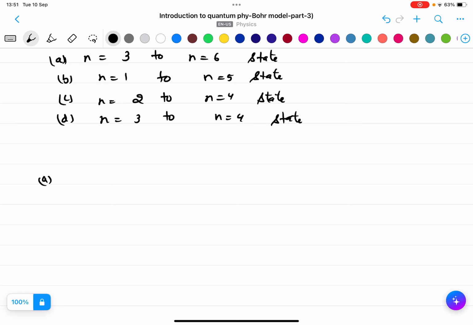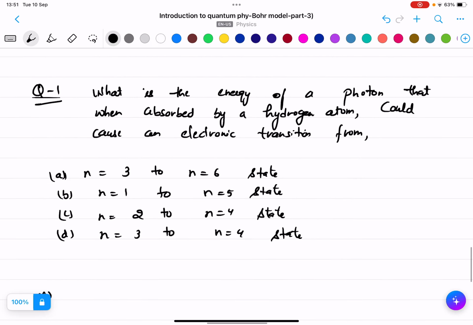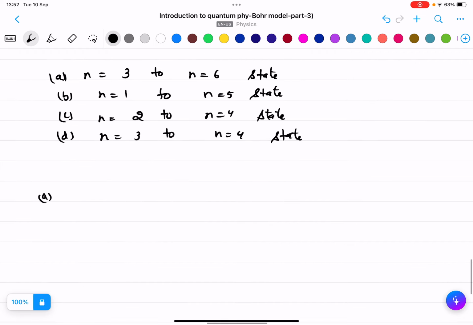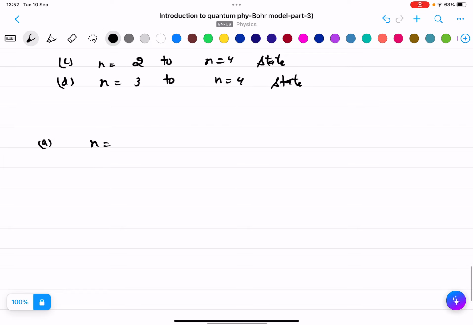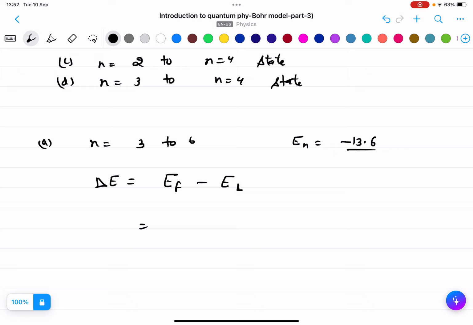So n equals 3 to n equals 6, and we need the energy of a photon that, when absorbed by a hydrogen atom, could cause this transition. We know delta E equals E final minus E initial, or E higher minus E lower. And the formula for En is minus 13.6 over n square eV, which I discussed in the fourth point of Bohr's model.